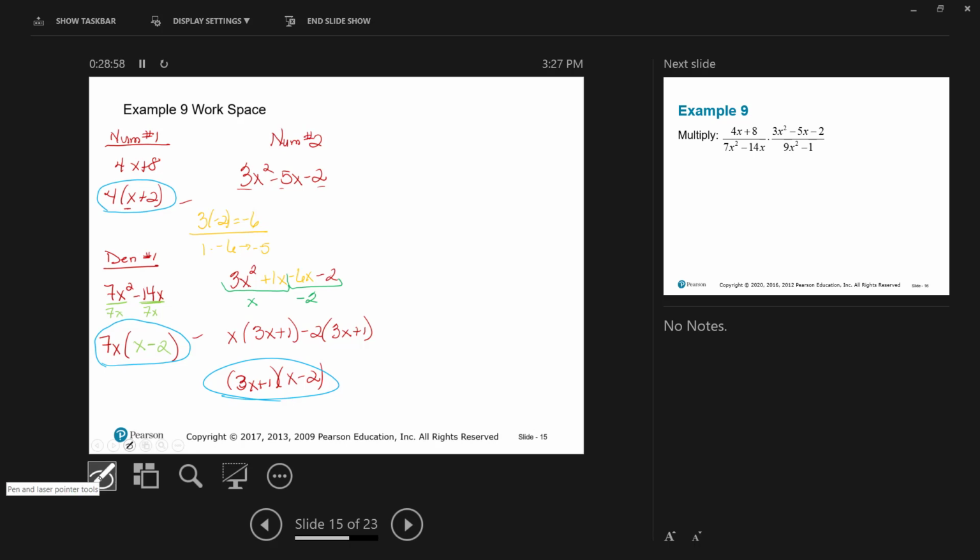How you guys doing? You with me on this? Is this making sense? This whole section is going to get you practicing your factoring. And last but not least, denominator number 2. That was the 9x squared minus 1. Is there anything in common like we had on numerator 1 and denominator 1?